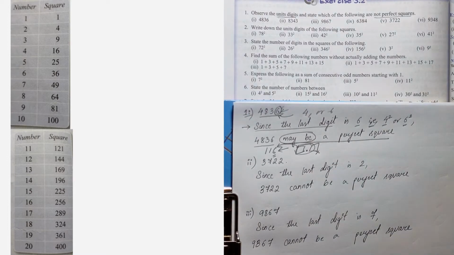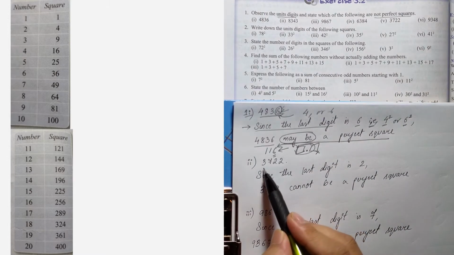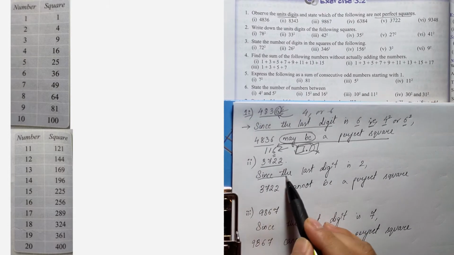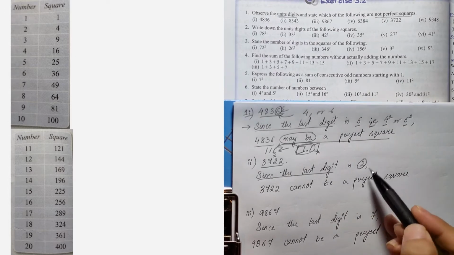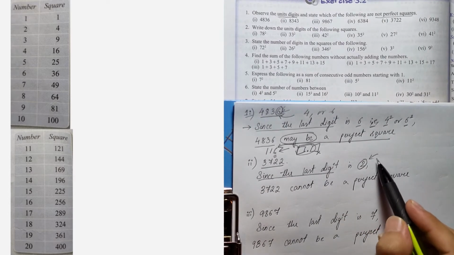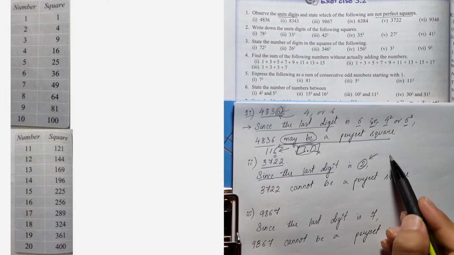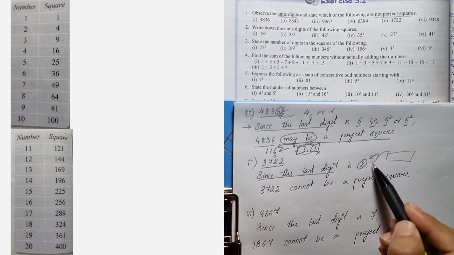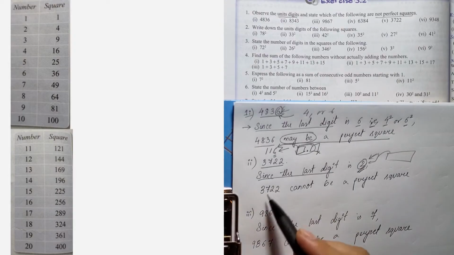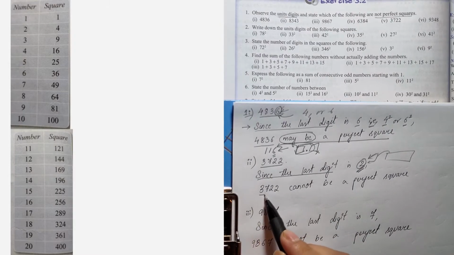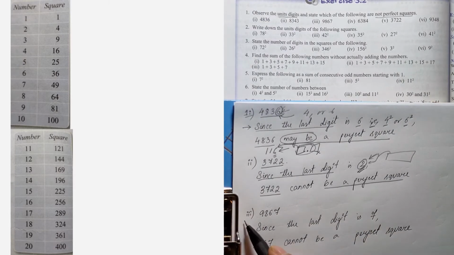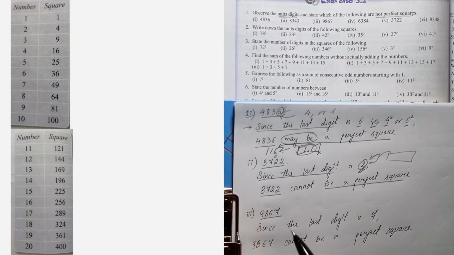Let us look at the second example, 3722. Now since the last digit is 2, again referring to my first video, property 2, we know that the square of any number will not end with 2. The units digit cannot be 2. So we can very clearly say that 3722 cannot be a perfect square. Number 3, 9867.